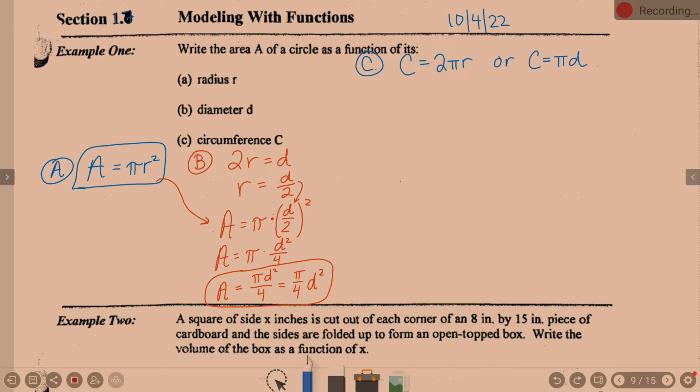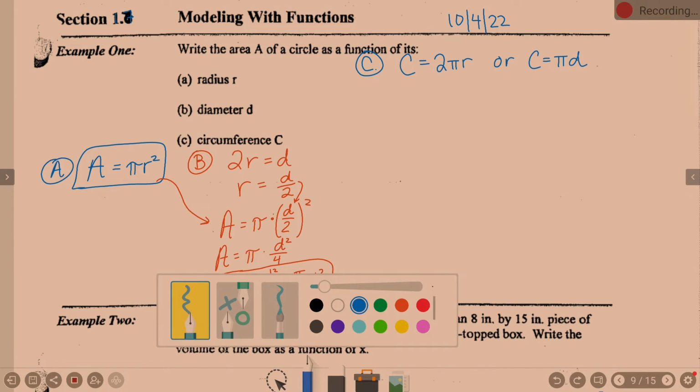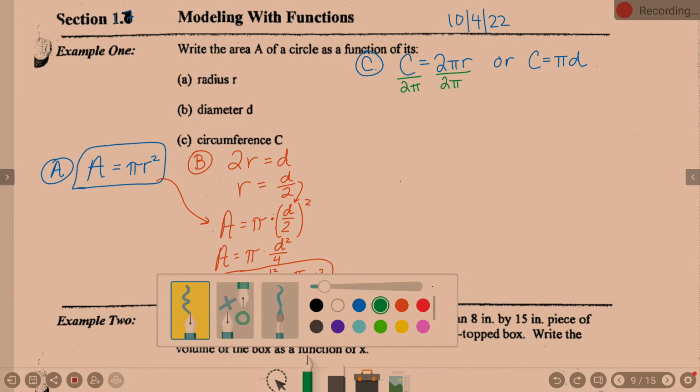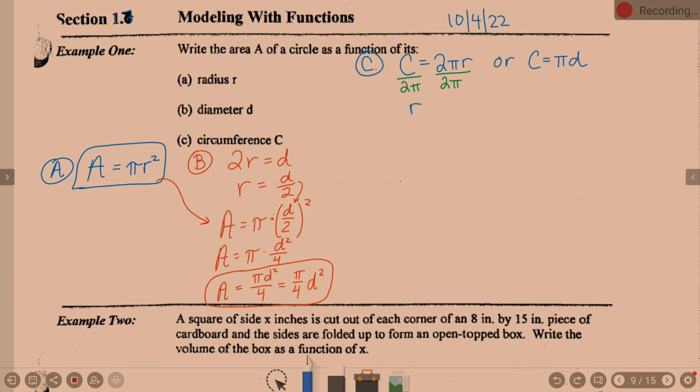So how do I solve for r here? Divide by 2 pi, if you will. And so then r is equivalent to the circumference divided by 2 pi.